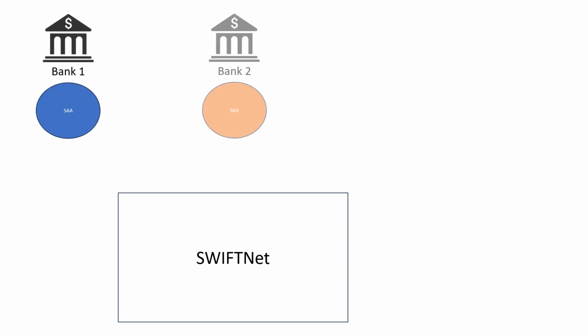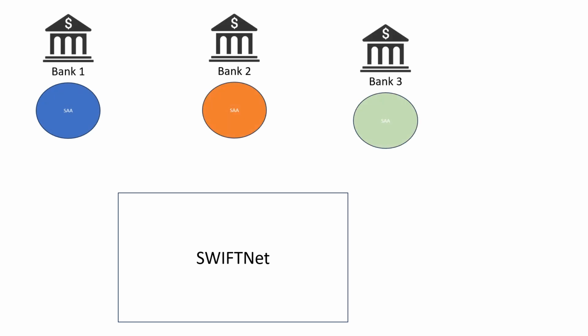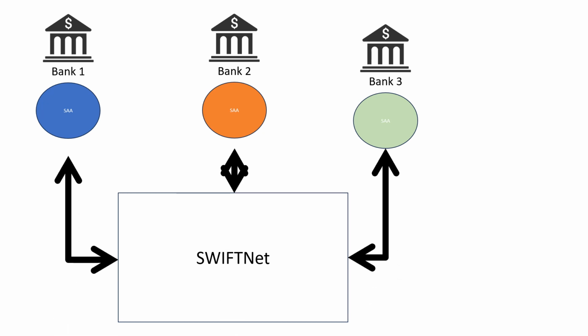So if we imagine that this is the Swift network, and we have bank 1, bank 2, and bank 3. Each of these individual banks has its own SAA, and they connect to the Swift network, and in doing so, banks 1, 2, and 3 can communicate together through the Swift net.